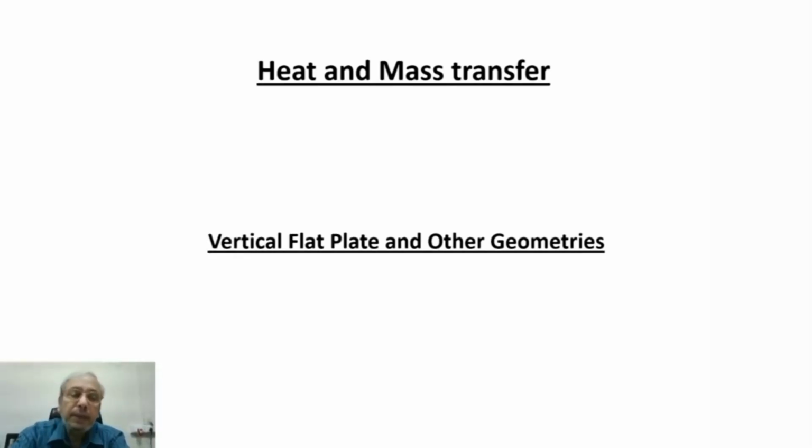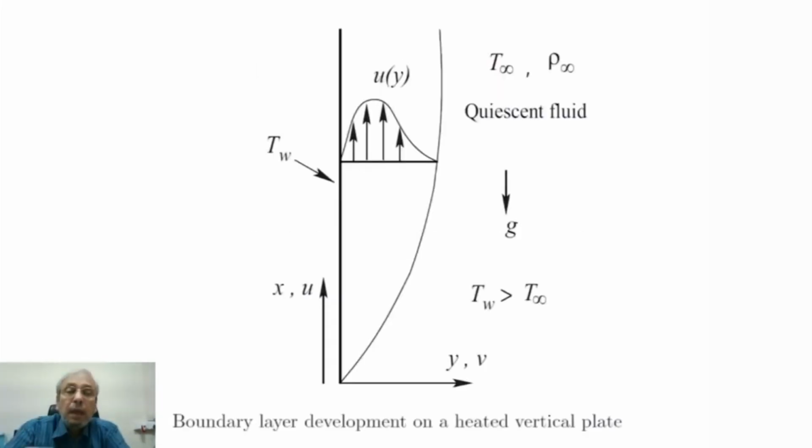Good morning, everybody. Today we will discuss natural convective flows over a vertical flat plate and a few other geometries. If we recall, in the last class we derived the thermal boundary layer equation and the velocity boundary layer equation.